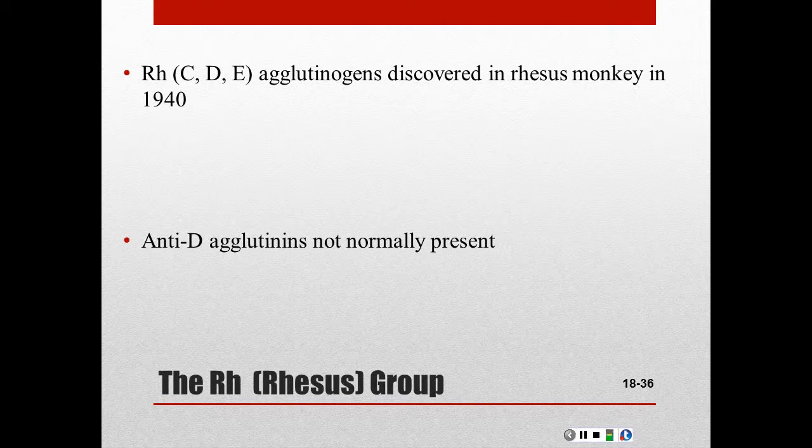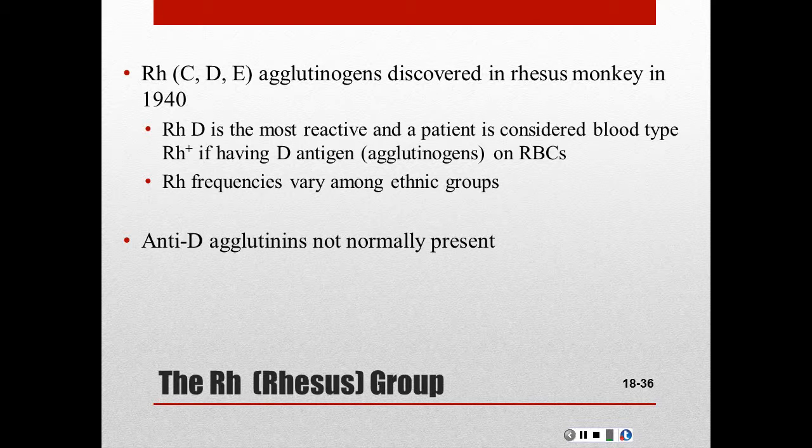Now when we look at the Rh blood group, it includes numerous RBC antigens, of which the principal types are C, D, and E. Now antigen D is by far the most reactive, so a person is considered Rh positive if he or she has the D antigen and Rh negative if lacking the antigen.